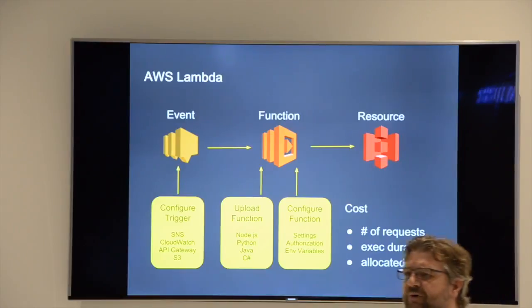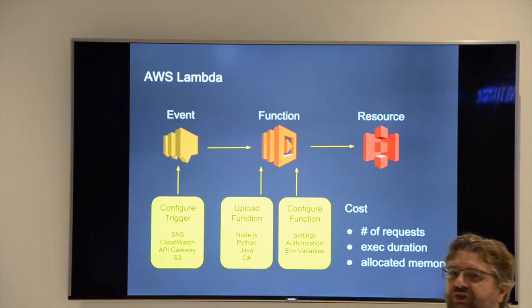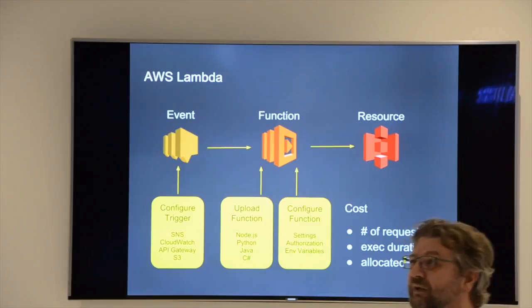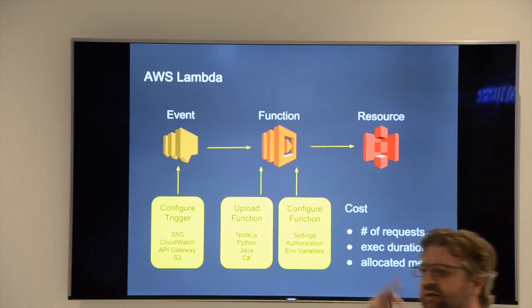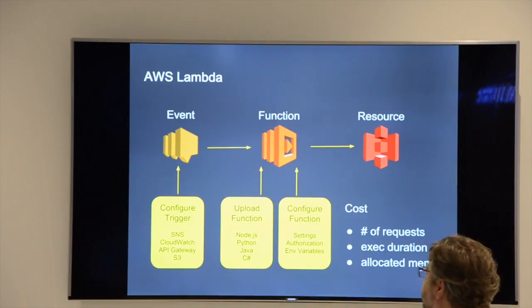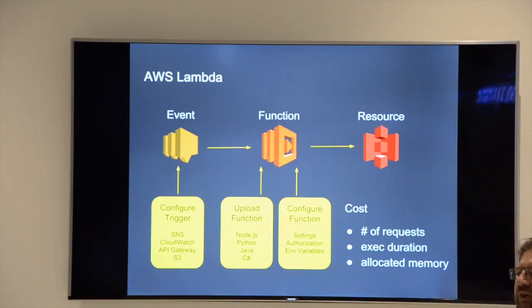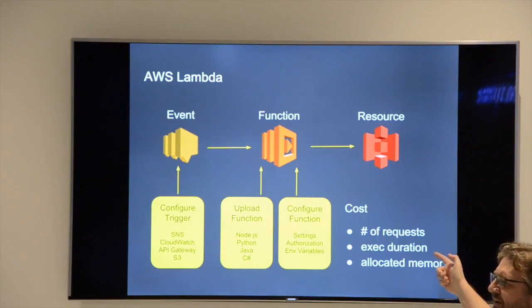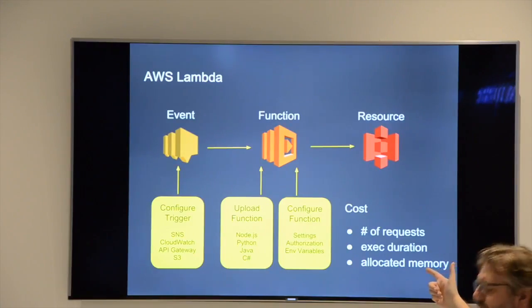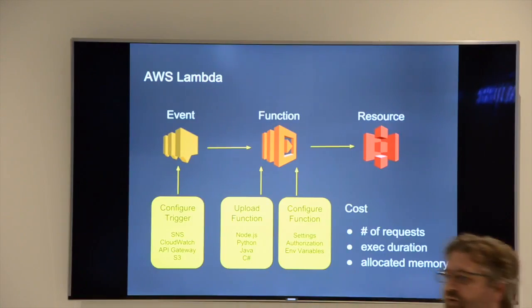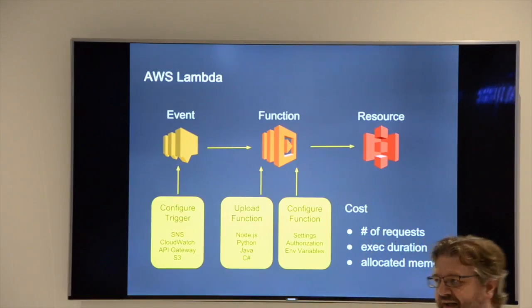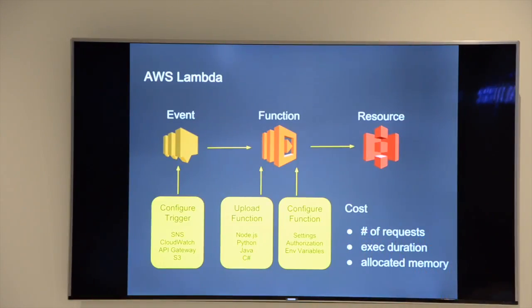The other is the memory I've allocated for my function. It starts at 128 megabytes, and I don't know exactly where the upper limit is. So if you want a very cost-efficient function, you have to have functions that run shortly and don't need a lot of memory. When you can get those things down, those functions are quite cost efficient.